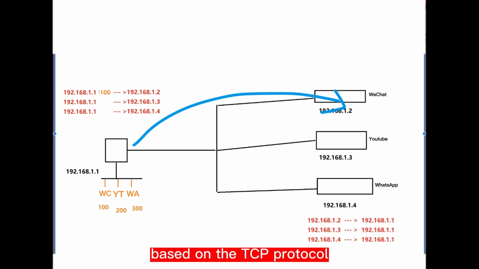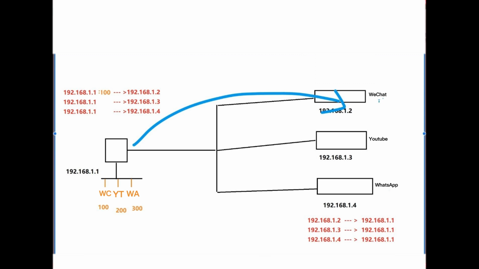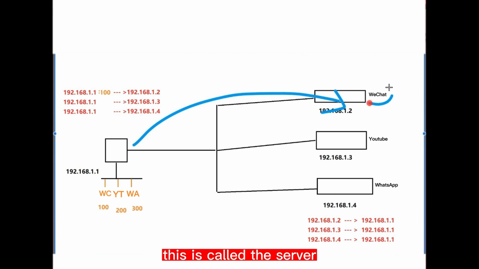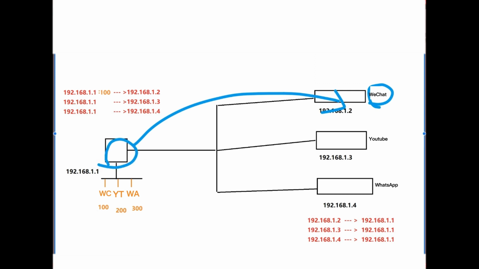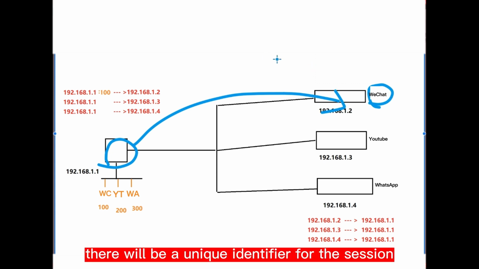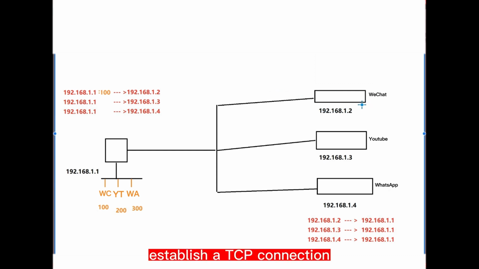Based on the TCP protocol, which you will learn in subsequent advanced courses. TCP will communicate with some other clients. This is called the server, and the other side is called the client. If the connection is based on TCP, there will be a unique identifier for the session, that is, establishing a TCP connection.